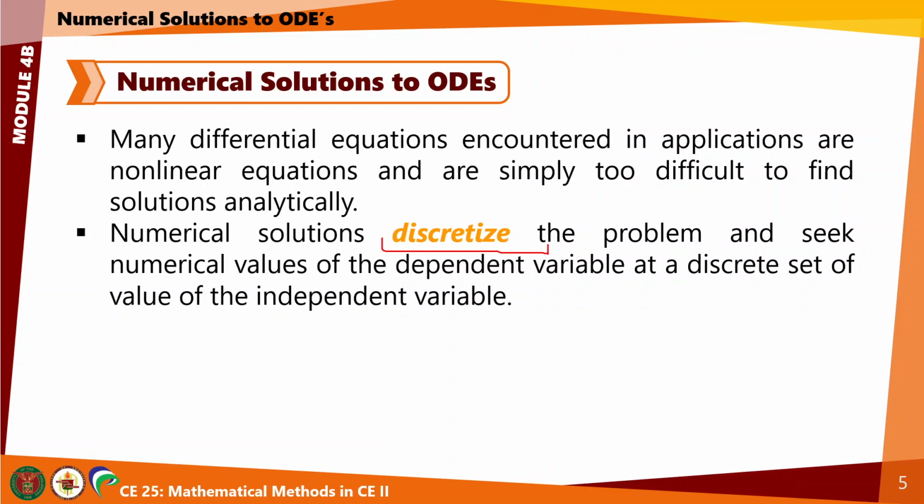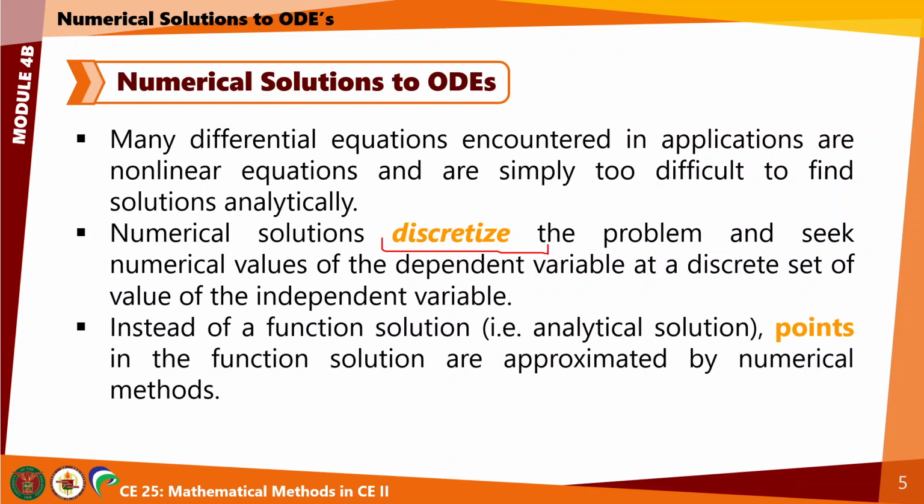And these points are close: when you graph those points, they are close to the analytical function solution. Again, instead of a function solution, in the numerical method we get a point, or points, which approximate your function solution.